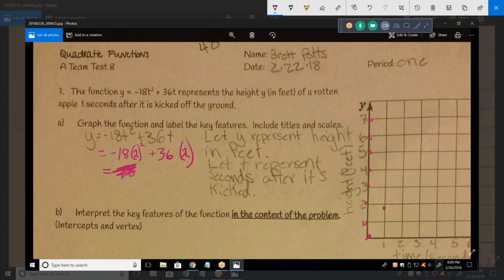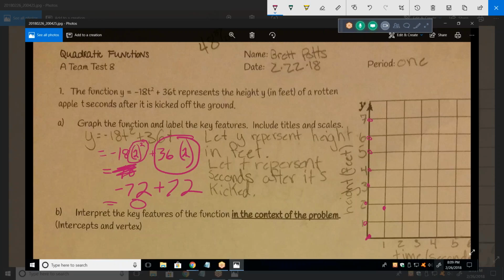I feel like my numbers are too big. Probably not. No. Do this part first. What's that? 4. Times negative 18. What's that? Negative 72. Plus, that's also 72. Which means that it's back at 0.